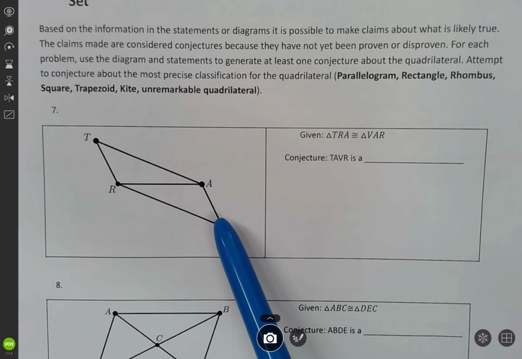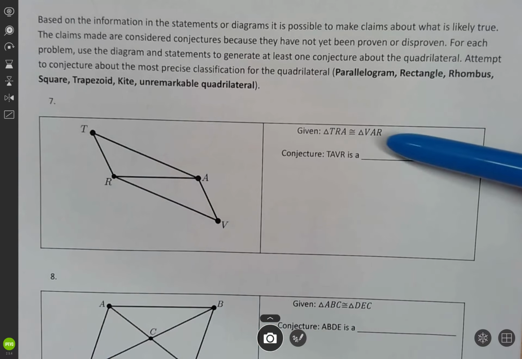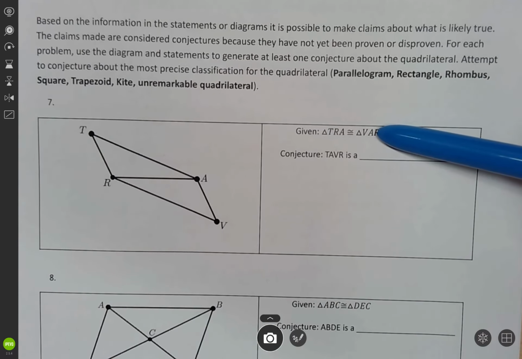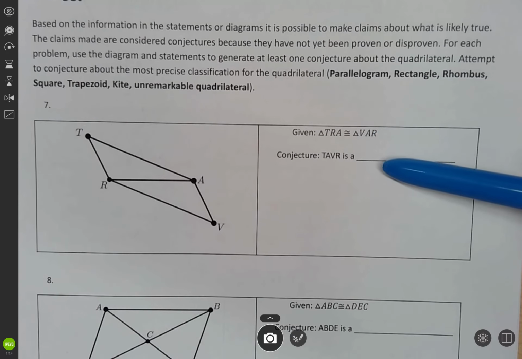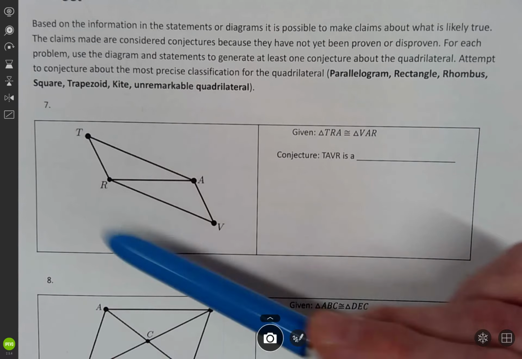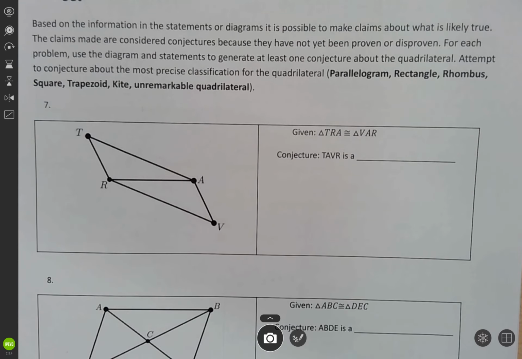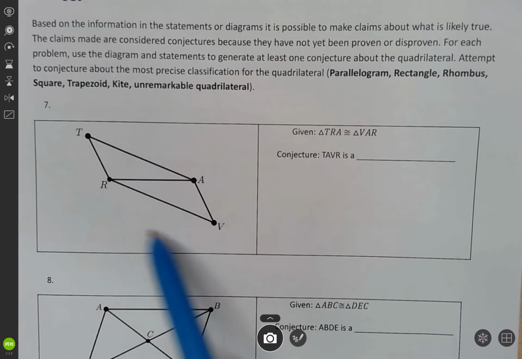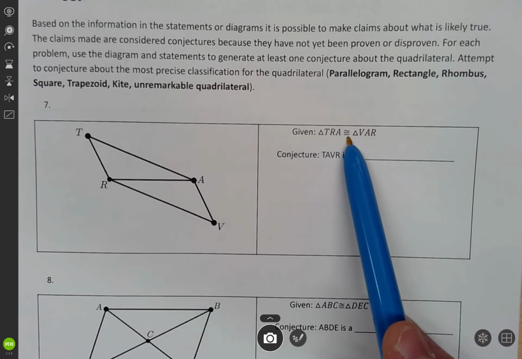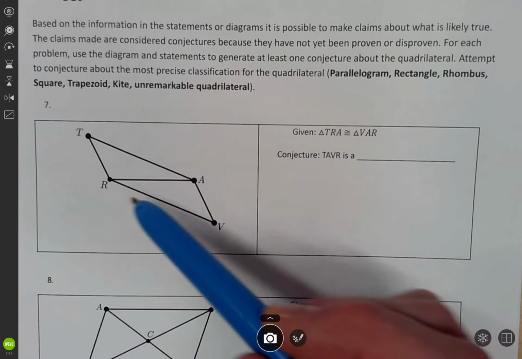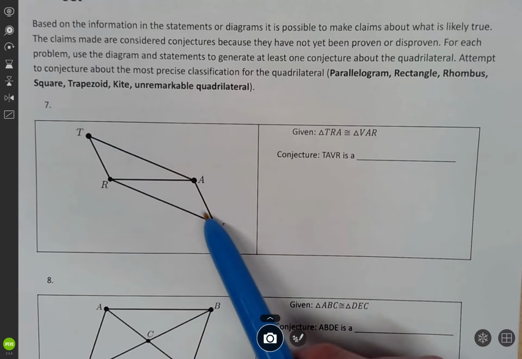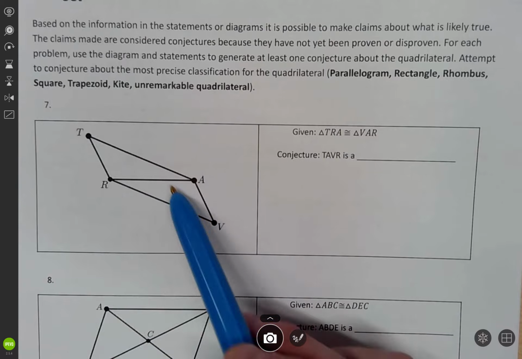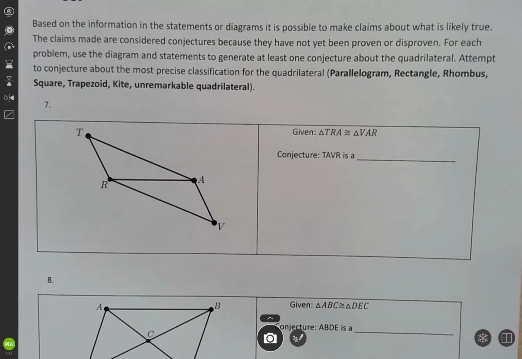So based on the information, either in the diagram or in the given statement, they want you to make a conjecture about what kind of quadrilateral this is. If I look at this and they tell me that TRA is congruent to VAR, that's this triangle up here, that gives me an idea of what type of quadrilateral this might be.